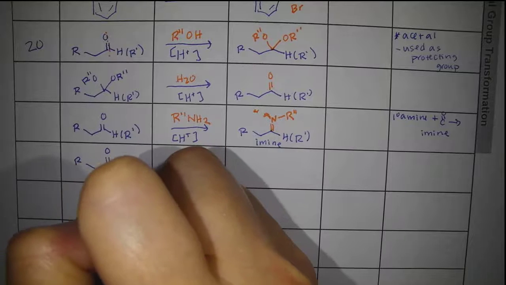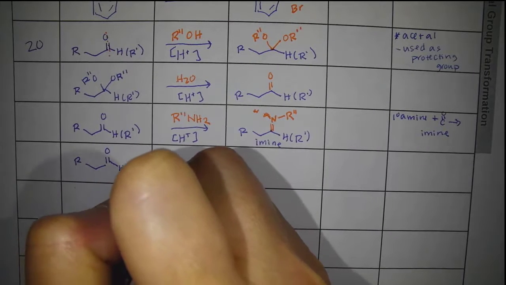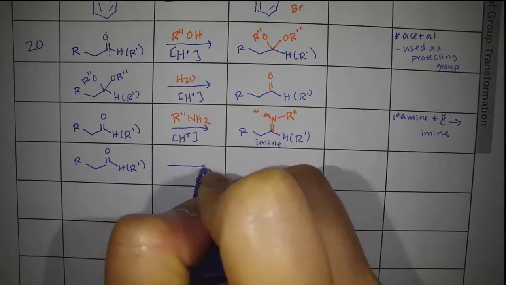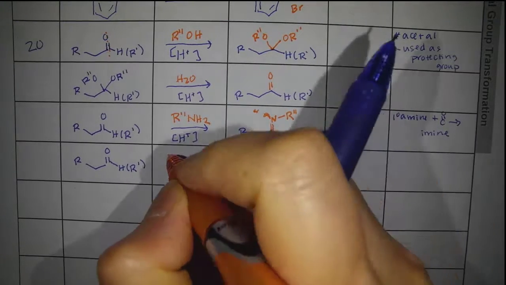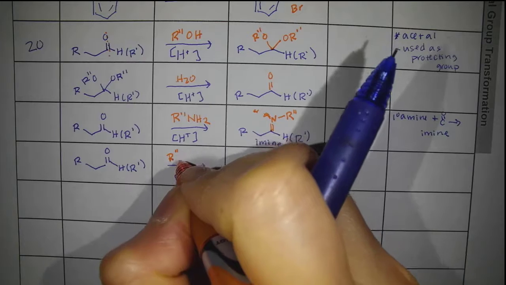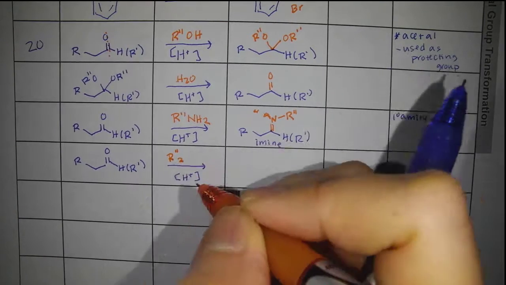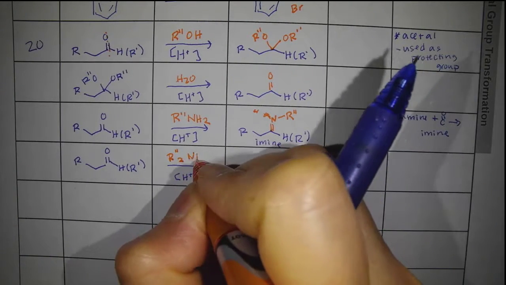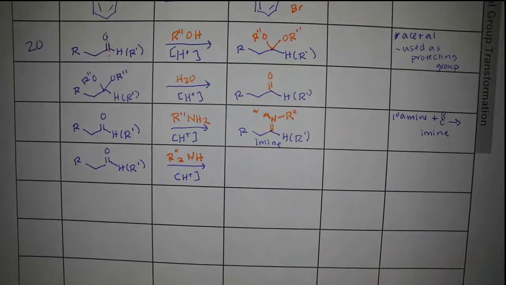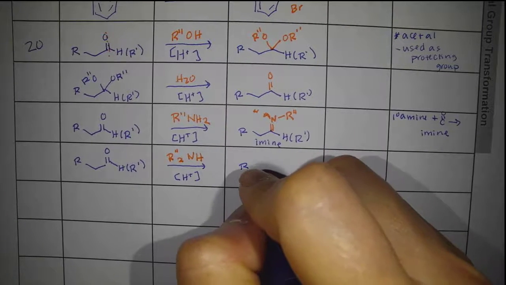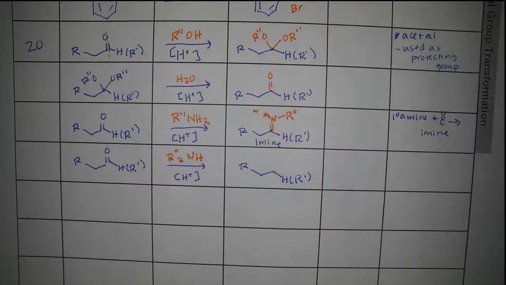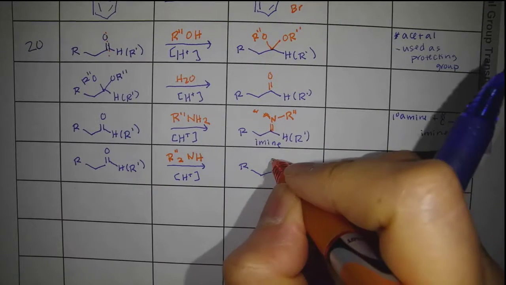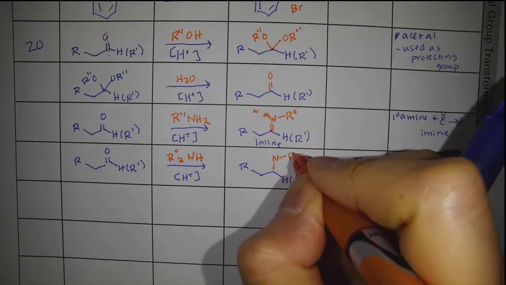If you do the same reaction with a secondary amine, so there's two of these R groups, the N will still take the place of the oxygen.